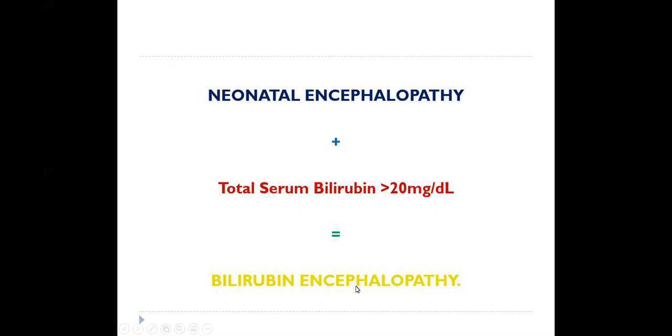That is equal to bilirubin encephalopathy. I am using the term neonatal encephalopathy, not equal to hypoxic ischemic encephalopathy. I was using this term as a generic name for diverse etiologies of this encephalopathy.